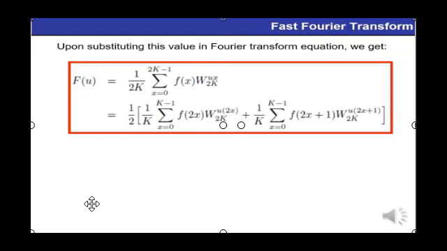This is half of 1/K summation of f(2x) W_K to the power ux, plus 1/K summation, x equal to 0 to K minus 1, of f(2x plus 1) into W_2K to the power u(2x plus 1).